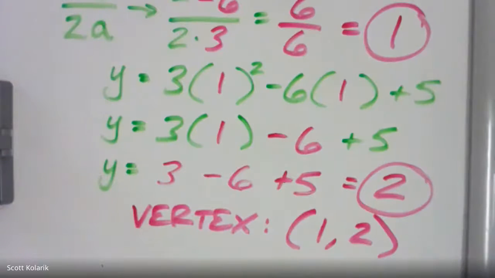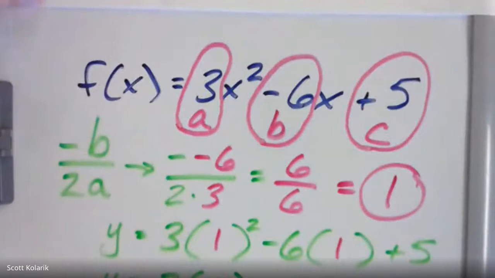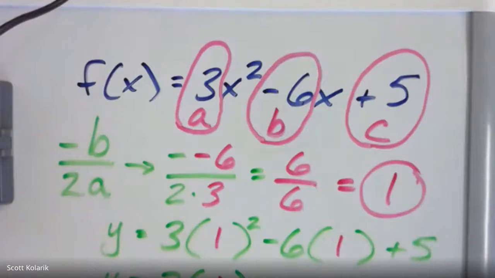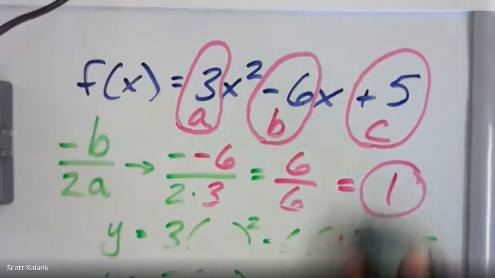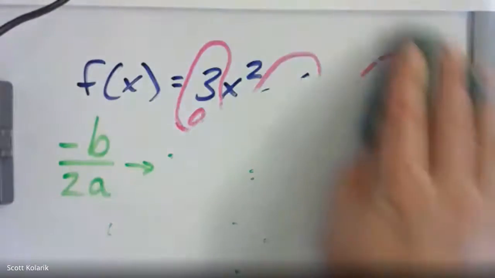All right, so how are we going to use this to actually graph? So let me back up top here, and I'm actually going to erase this and build an XY table. So keep that vertex point, that positive 1, positive 2, in the back of your mind, because we're going to keep that for our XY table. That actually was half the work that we need done.